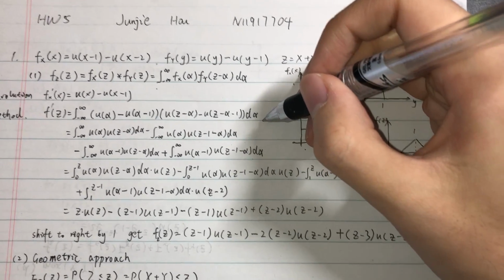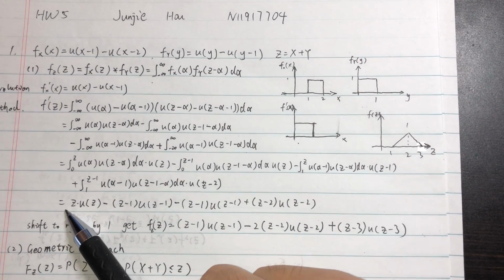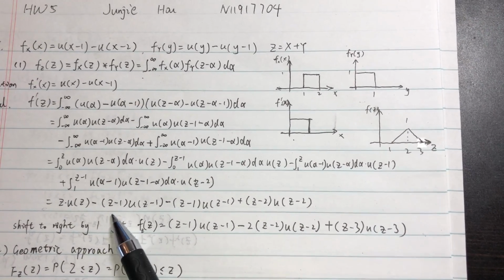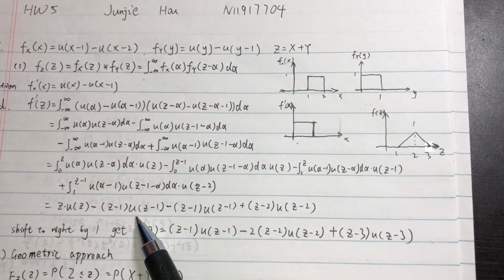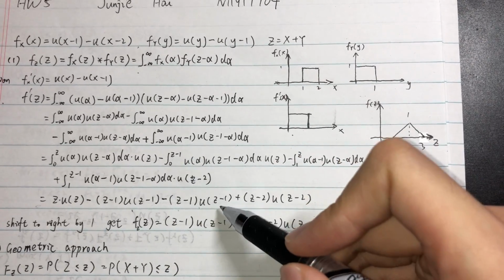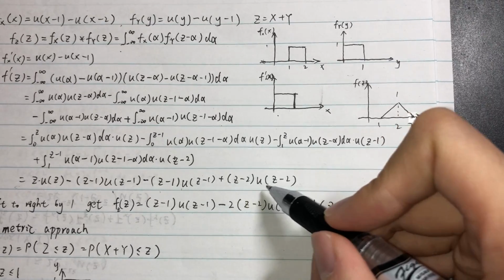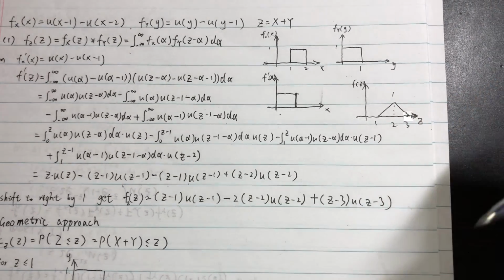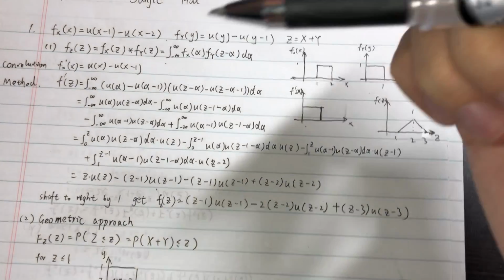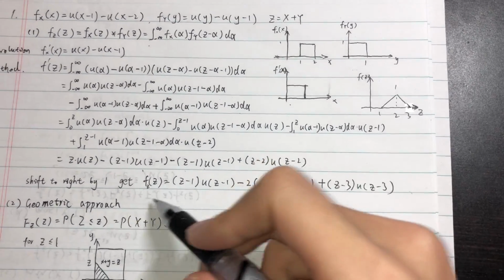When we calculate this integral, we finally get the result: z multiplied by u(z), minus z minus 1 u(z minus 1), minus u(z minus 1) multiplied by u(z minus 1) plus z minus 1 multiplied by u(z minus 2). Then we can shift this result to the right by 1 to get the real density function of z. The result is this.